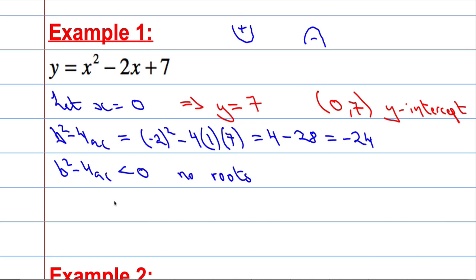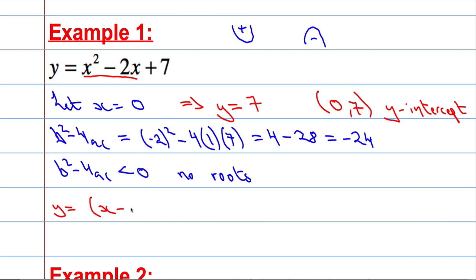Okay, what else can I work out? Well, we can complete the square. Let's complete the square here and see what we can work out. So we've got y equals, and hopefully you've watched the video on completing the square, so we'll be able to manage this. I'm going to write an x in first. Negative, must be negative here.